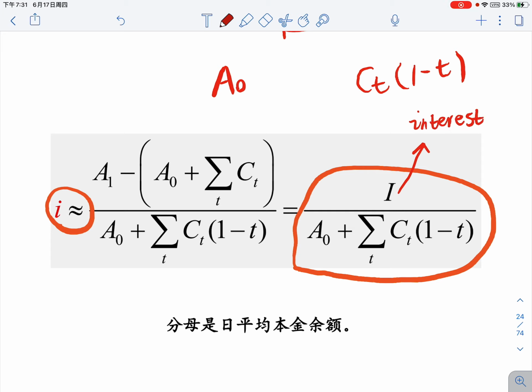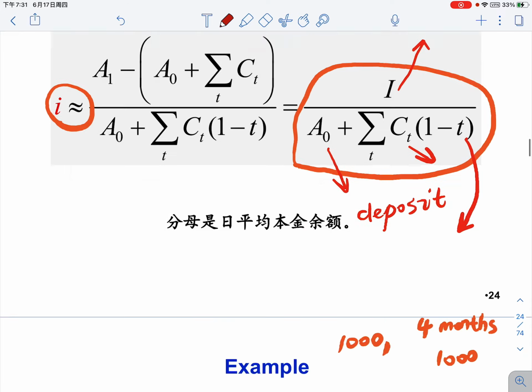This is the first deposit, and this C, the money that you put in or withdraw later, can be positive or negative. And t is time t, and 1 minus t means the remaining time.